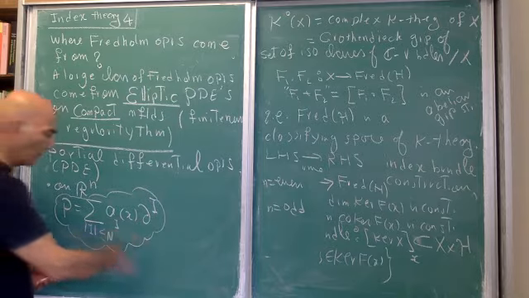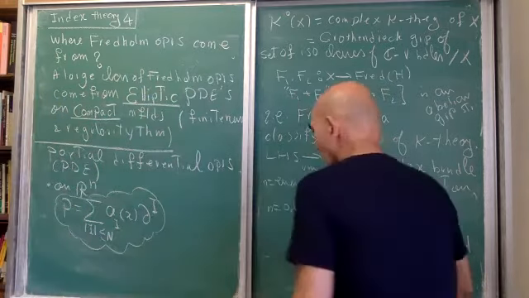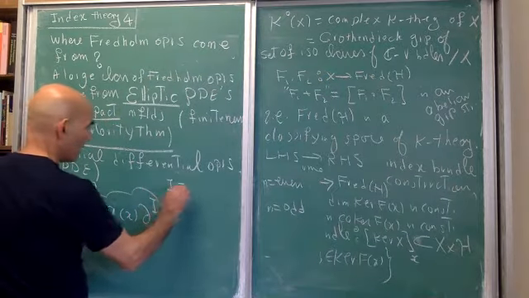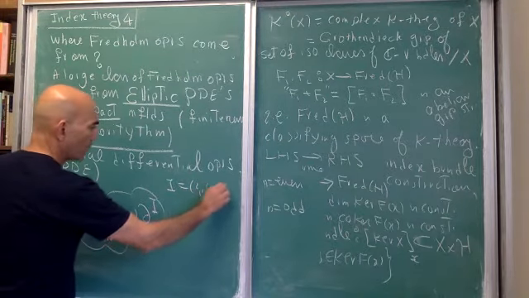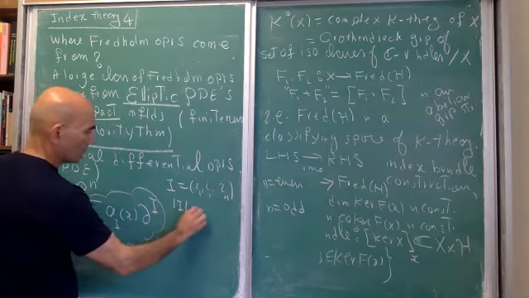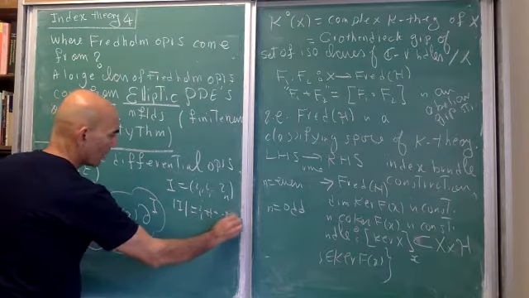So what is this? I'm obviously using a notation here. I is a multi-index, (I1, I2, ..., In). Its total degree is I1 plus I2 plus ... plus In.